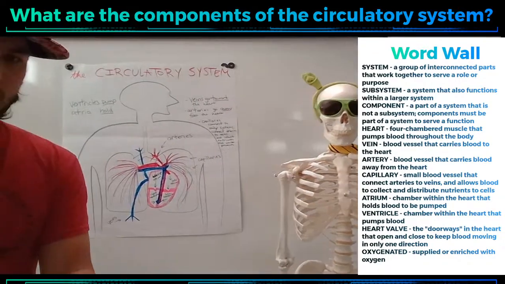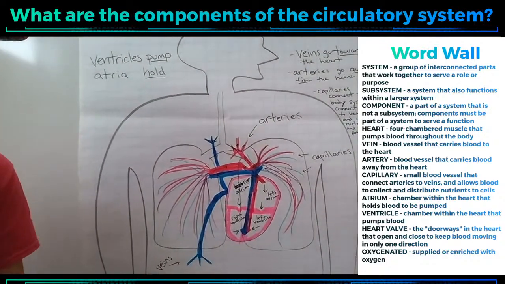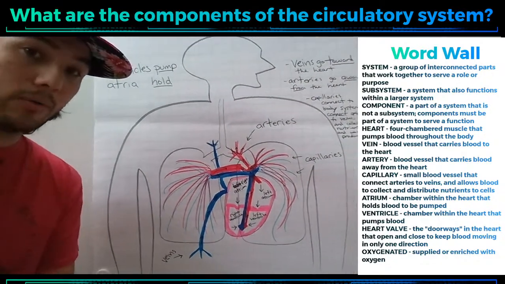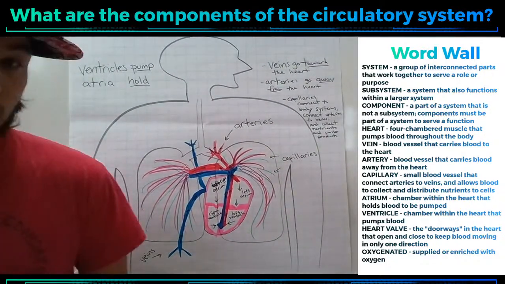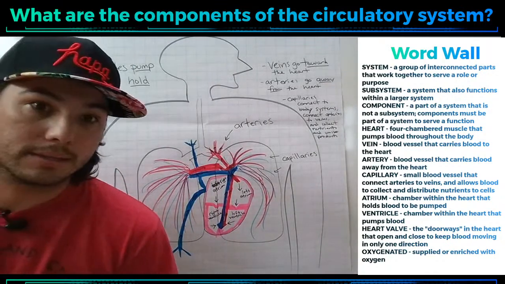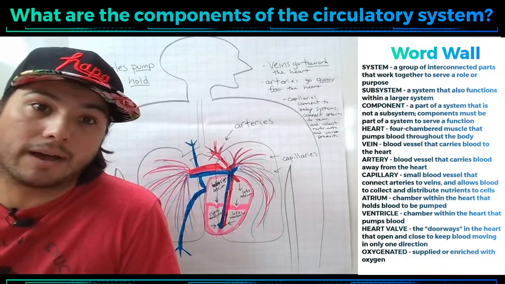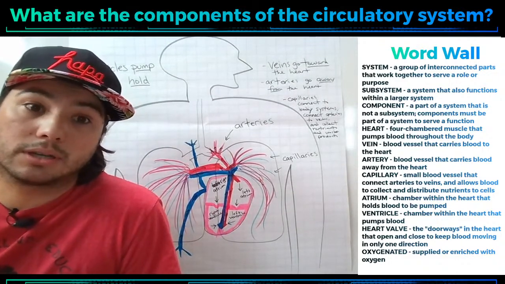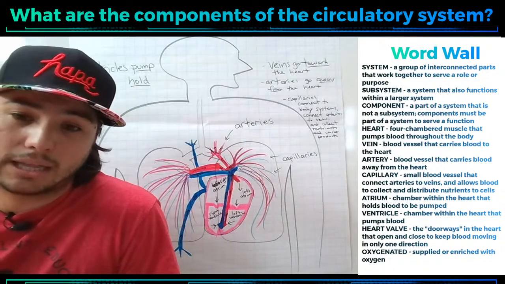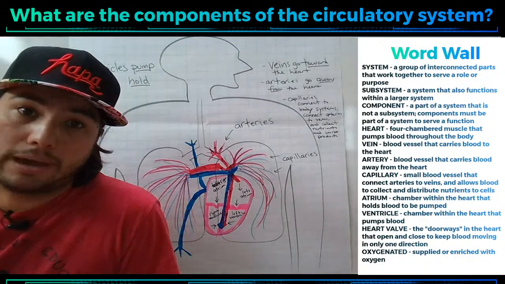We're going to scoot closer to this diagram. Here's our diagram. Now, one thing about this diagram of the circulatory system, it looks complicated, but it is much more simplified than our actual circulatory system. This is not scientifically accurate, okay?